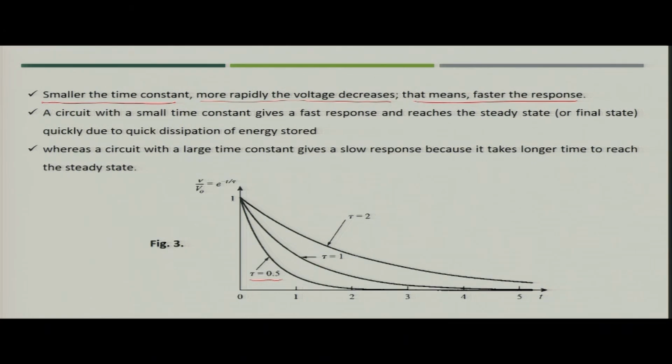So, the more you decrease the value of tau, the more speedily the voltage decays in the circuit, and if we have tau larger, then you will see a slow response of the circuit. So, a small time constant will give us a fast response and it will reach the steady state quickly, whereas a large time constant will give a slow response because it takes longer to reach its steady state value.